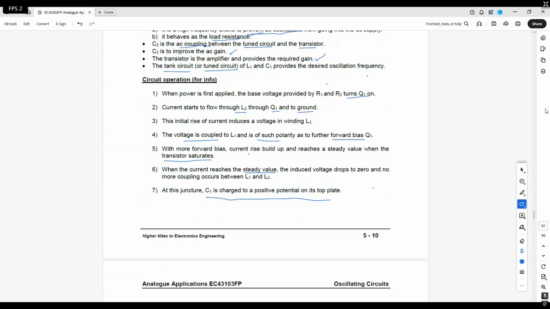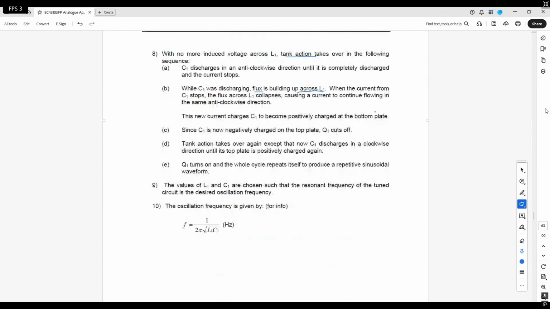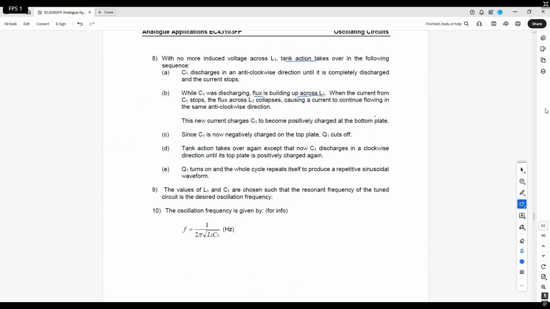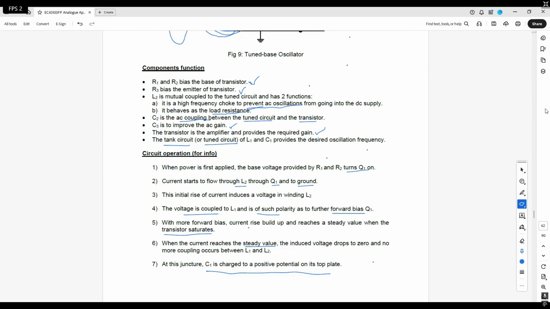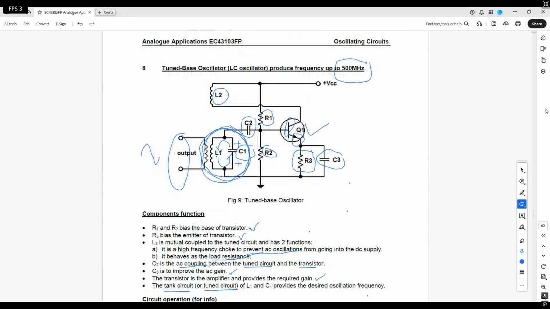So when the polarity changes, of course, something also happens. Let's take a look. Continue first. All right. So the current just now continues to flow anti-clockwise. Okay, it becomes a positive charge at the bottom plate. I also drew that there already. So since C1 is now negatively charged on the top plate, Q1 turns off. Let's come back to here. Okay, if now the lower plate is positive, this is negative.